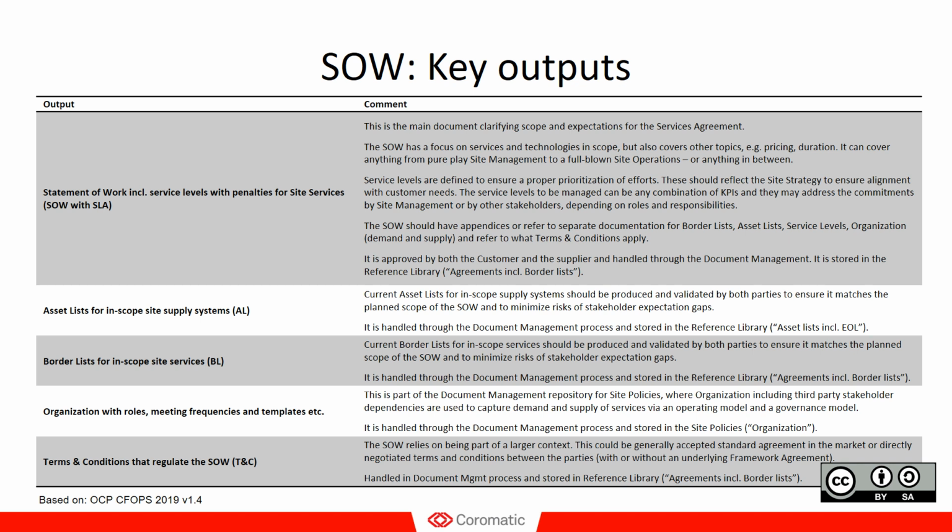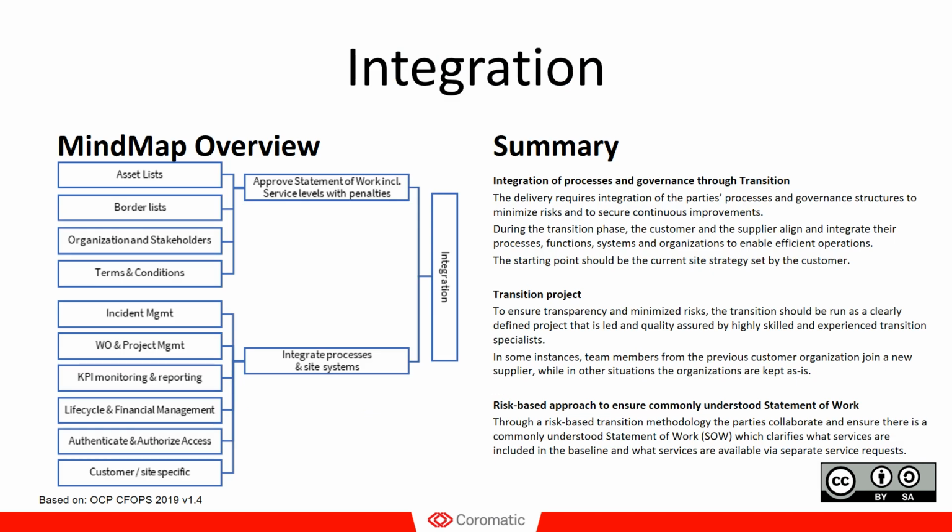The other part is the integration of processes and site systems. And again, this of course is very dependent on what sites are integrated, what parts are outsourced, what parts are insourced, who is responsible for what. But the processes we know need to be integrated, based on experience, are the incident management that goes both ways, from the end user organization to the critical facility site operations team, but also from the site operations to the end user organization.